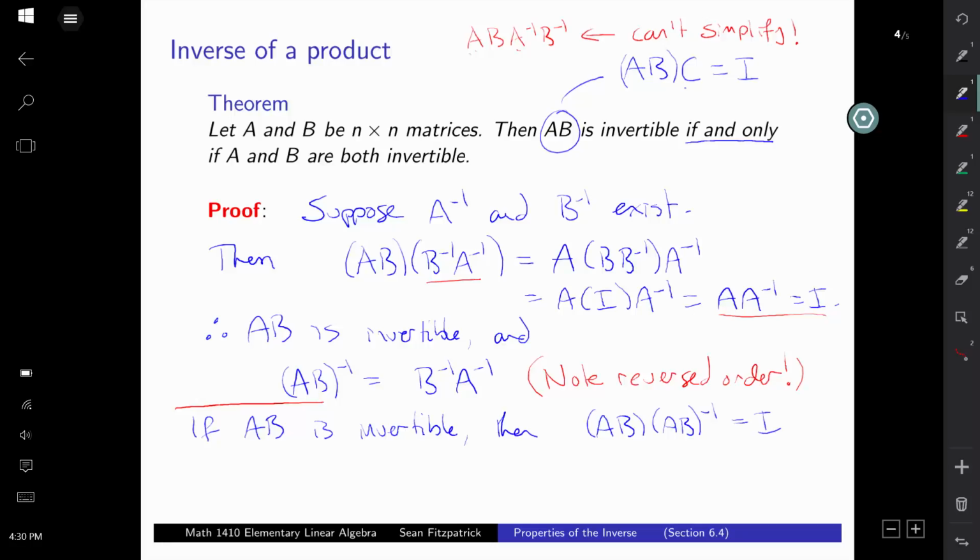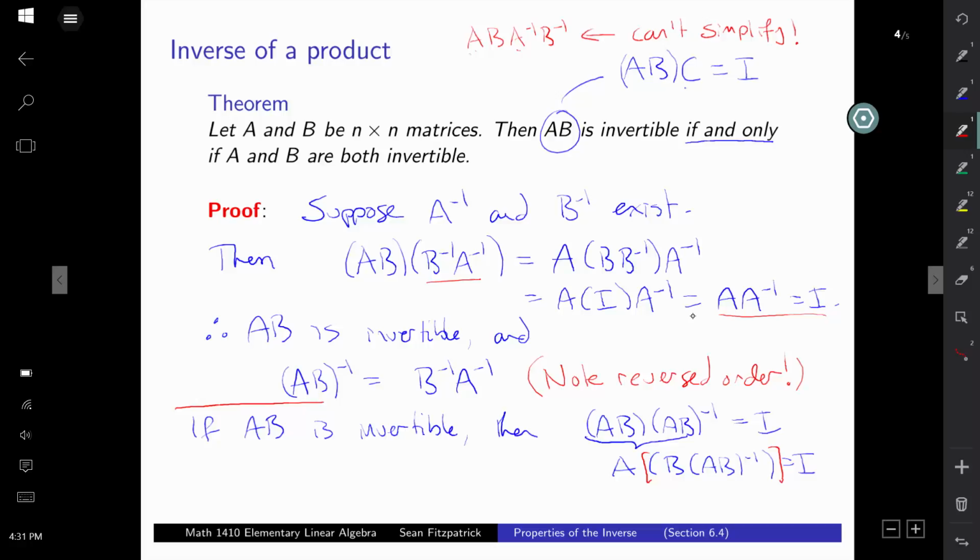But be careful, here all I know is that AB is invertible. I haven't yet told you that B and A are invertible, so I can't actually write this as B inverse times A inverse. I can't rewrite that inverse, but I can rewrite this as A times B times AB inverse equal to the identity, and now I've written it as A times something equal to the identity, and the invertible matrix theorem tells me that A must be invertible.